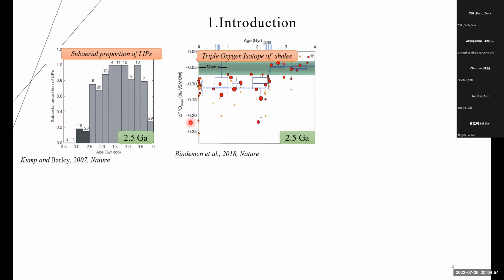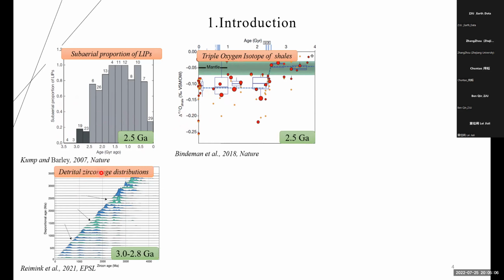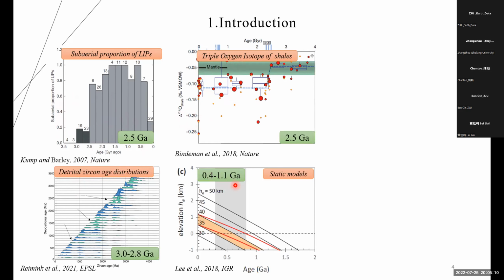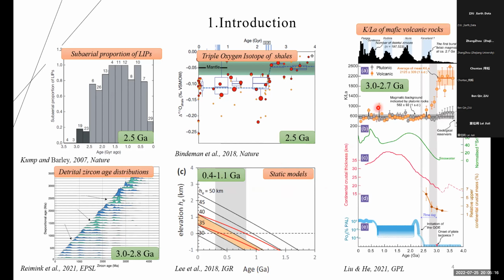And other proxies have been used to track the exposed history of land masses, including the trip ocean, outcrop of shales, detrital volcanic age distributions and model calculations, as well as the potential and the length ratio of mafic volcanic rocks. These results are not consistent with each other.